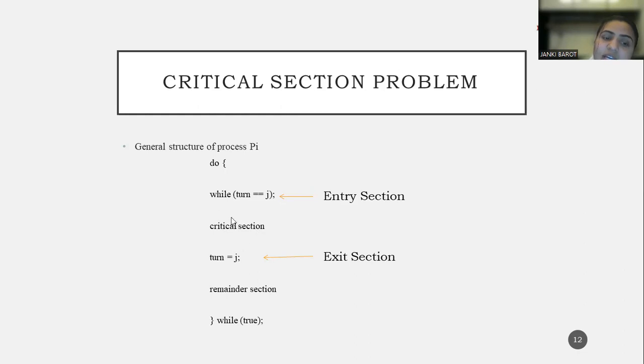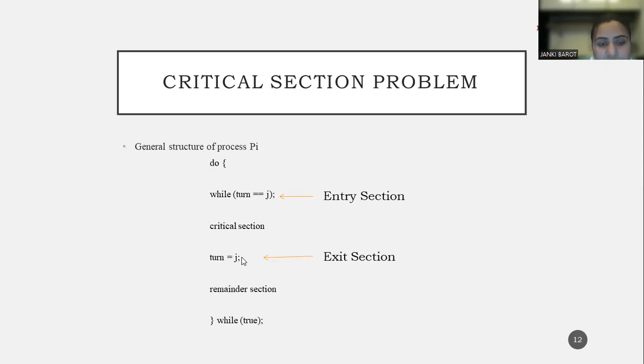As soon as the main code is executed by process A, it will go outside the critical section. How? It will turn J's value to 1, right?